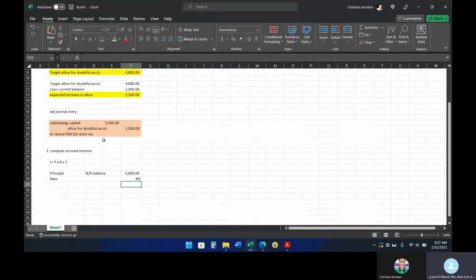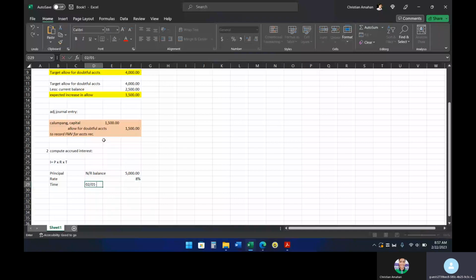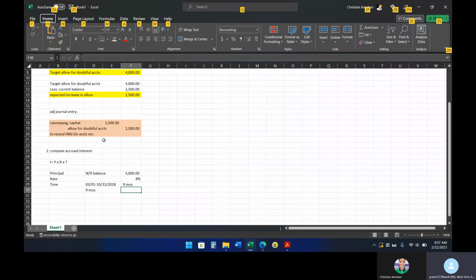And then ang time, no? Ang time is very valuable. Now, we have to compute time from February 1 until October 31 of 2018. So that's February, March, April, May, June, July, August, September, October. So this is good for 9 months. So 9 months ang ato ang time or 9 over 12.